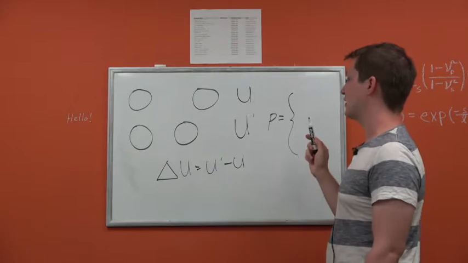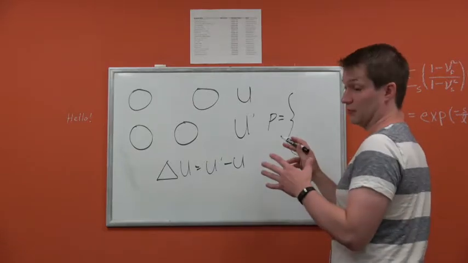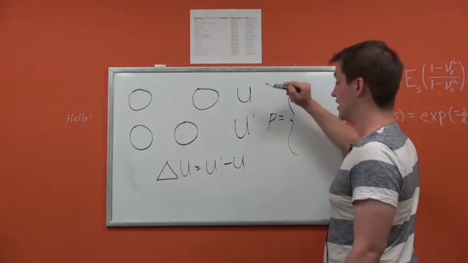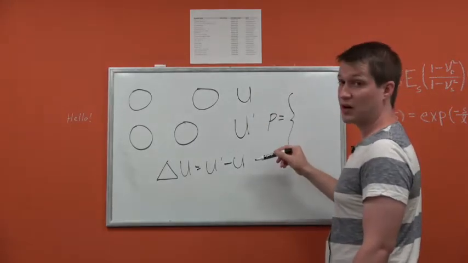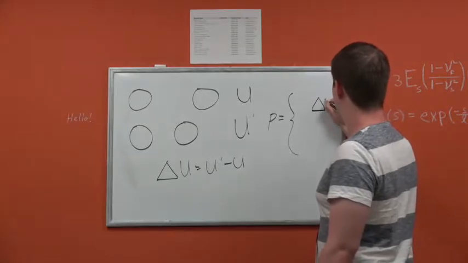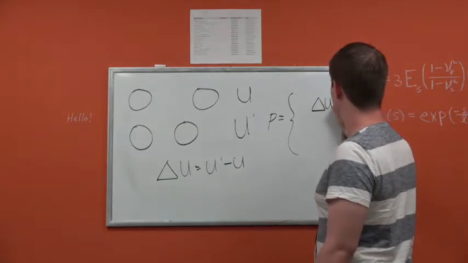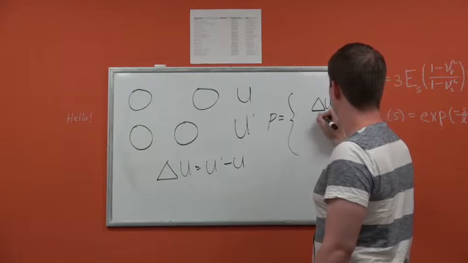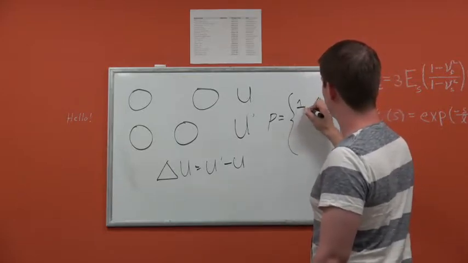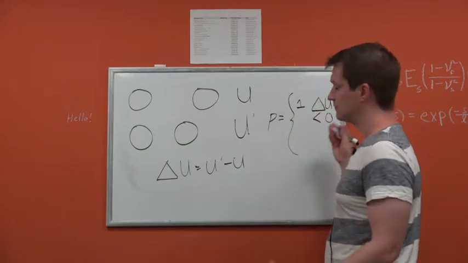So say that the change in energy is favorable. So you've got U prime is lower energy than U. In that case, this quantity is going to be negative. So if delta U is less than 0, then the probability is just going to be 1. All right, simple enough.